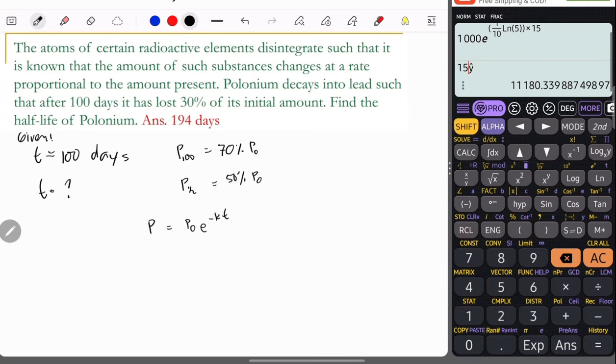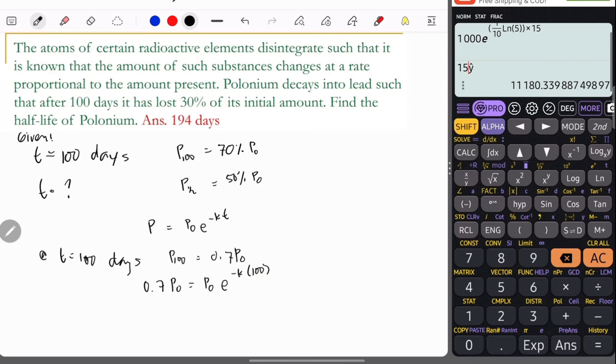So at t equals 100 days, P100 is 0.7 initial amount. So P is 0.7 P sub O equals P sub O e to the negative k, then time is 100.